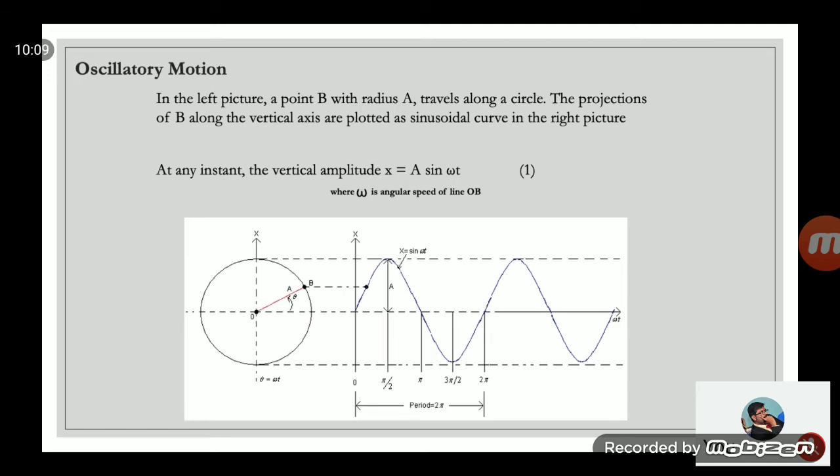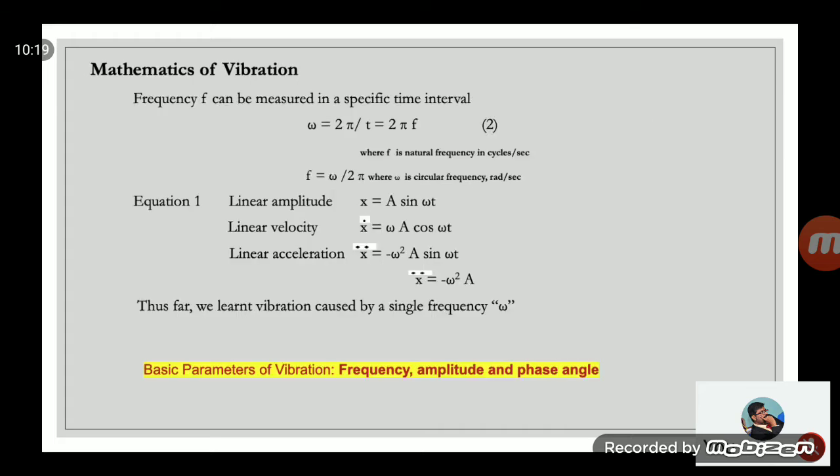That means it's a steady state vibration. Okay. So by knowing the period, you can also calculate frequencies, which I'm going to show here. The frequency can be measured or calculated using the time interval. So if you have the period T, 1 over T is your frequency.